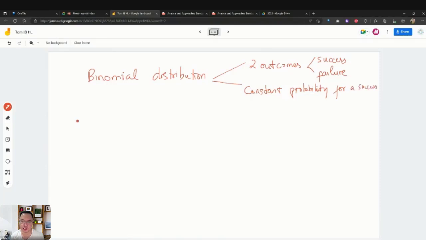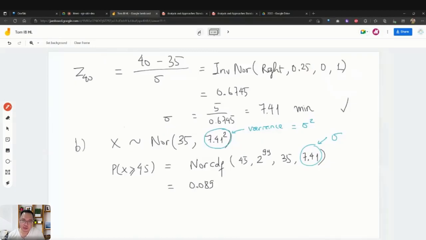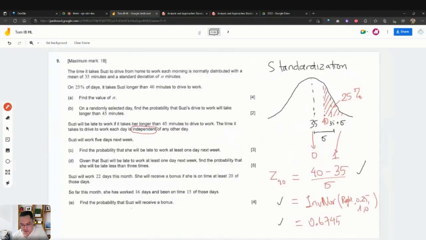And lastly, the events are independent from each other. So there's an equal probability that she's late for work because of the traffic jam along her journey.